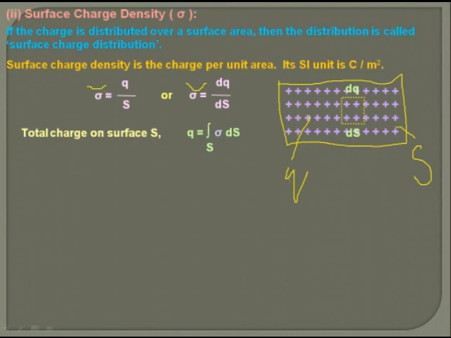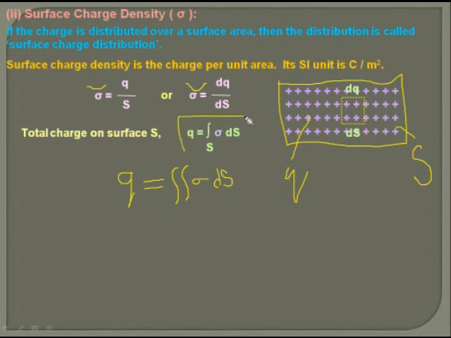It can also be written like this: the total charge is equal to the double integration, or surface integration, of sigma with respect to ds, the surface area.